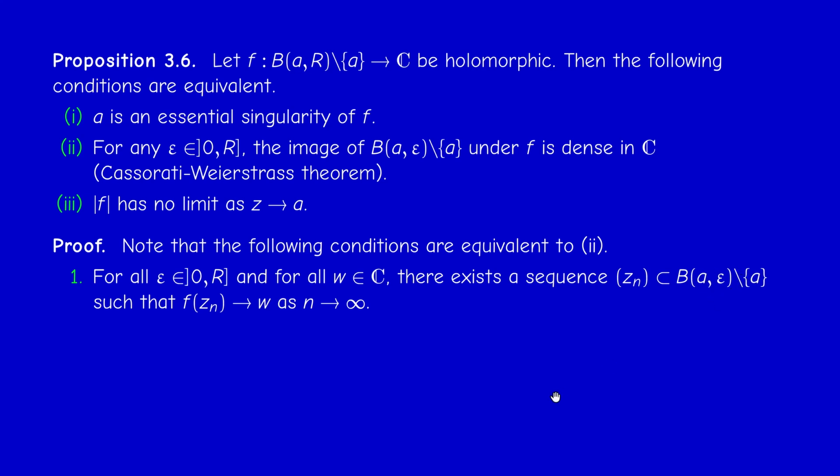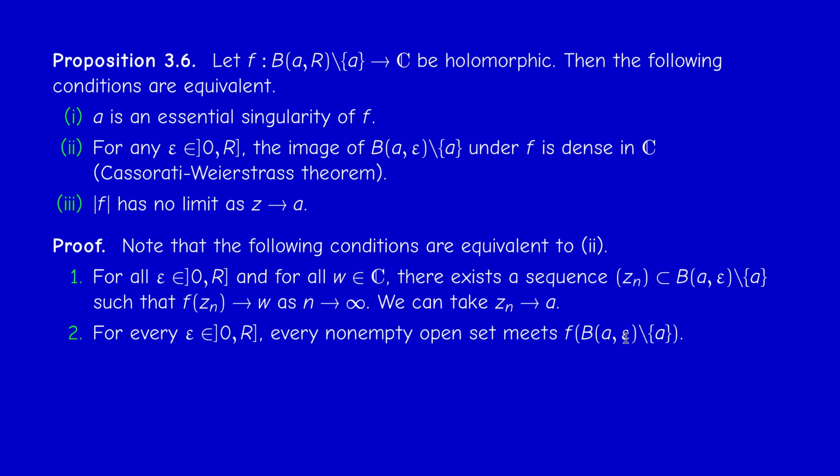This is one of the characterizations of density. And it's possible to take z_n convergent, because z_n is in this punctured disk, so z_n has a convergent subsequence, and I may replace the sequence by the subsequence.